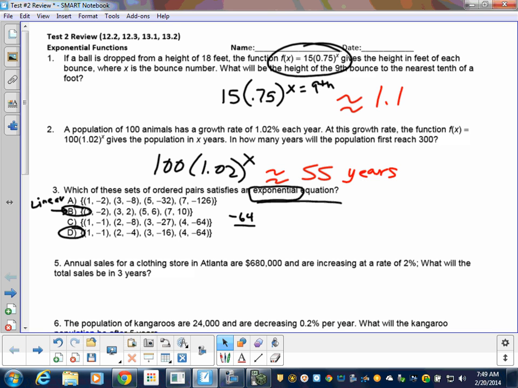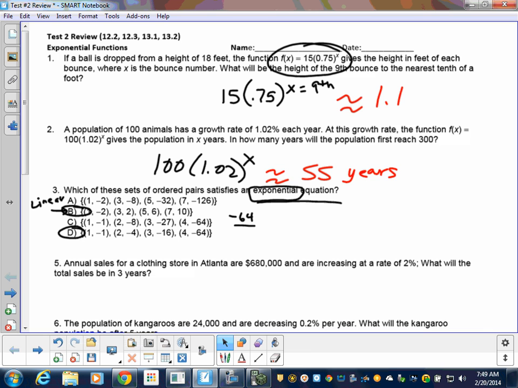Okay, here's the first one that we have to do. It says annual sales for the clothing store are 680,000 and are increasing at a rate of 2%. Again, that's this formula right here. And for those of you not feeling good about this stuff, what lets you know to use plus is what word right here?